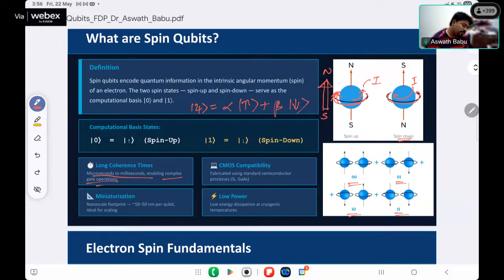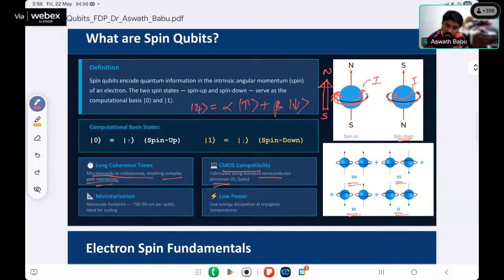Moreover, these spin qubits are created out of semiconductor materials, which means CMOS, complementary metal oxide semiconductor chips or transistors, would easily get integrated with these qubits. Fabrication using standard semiconductor processes is very compatible. Miniaturization: they're already the size of an atom or electron.